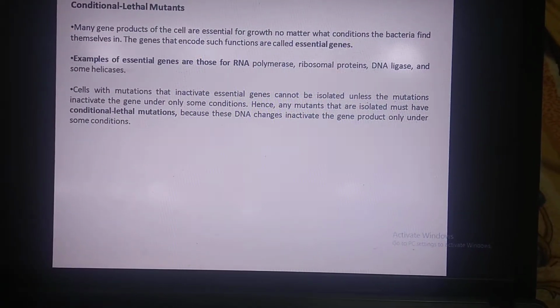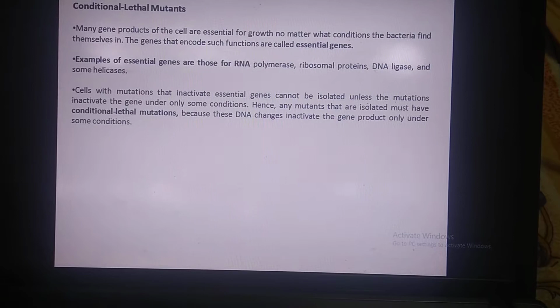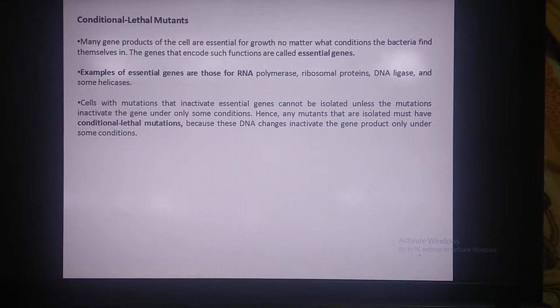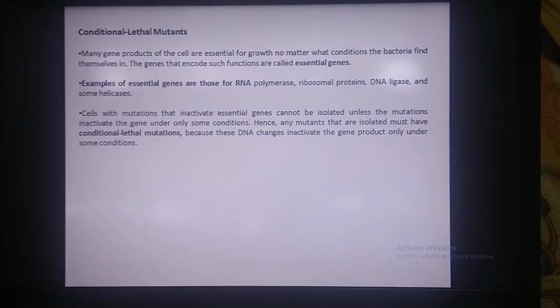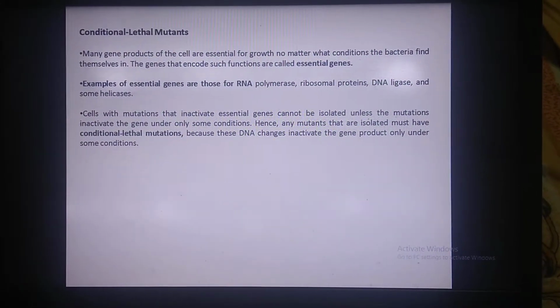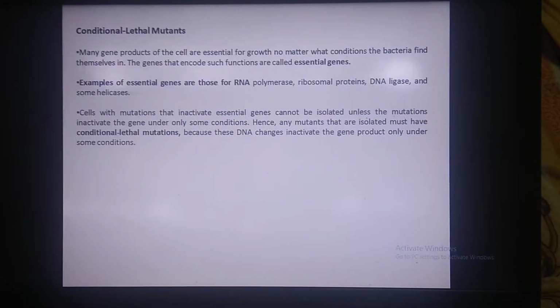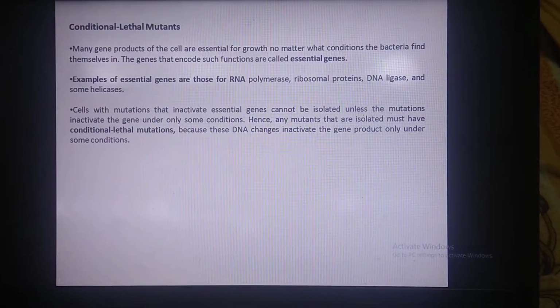Because lethal mutations will kill the cell, that's why we use conditional lethal mutants. That means these are lethal but only under certain conditions. So they are conditional lethal mutants.